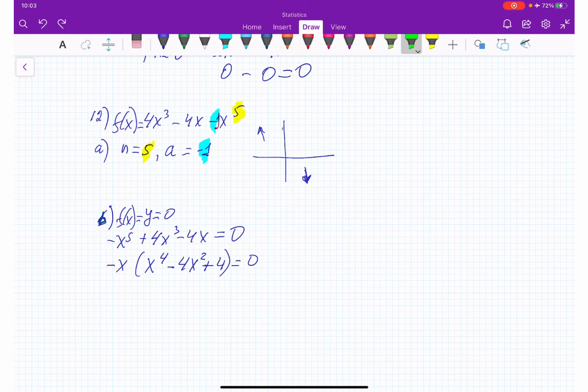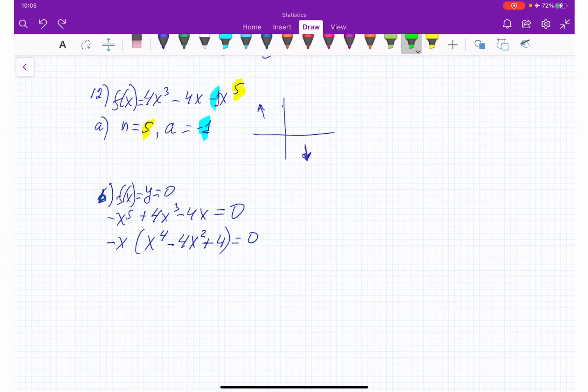All right. So from here, what we are going to do, negative x is equal to 0, right? Because it's multiplication. And the second one is x to the 4th minus 4x squared plus 4. This is going to be, again, a perfect square. Or you can break it down as x squared minus 2 times x squared minus 2.